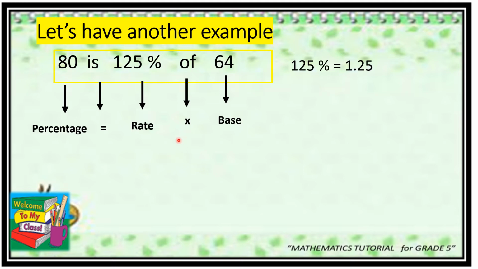Bago kayo mag-multiply ng rate times base, you need to convert 125% into decimal number. How? You will move the percent symbol from the right going to the left. So, imumove nyo ito ng 2 decimal places.